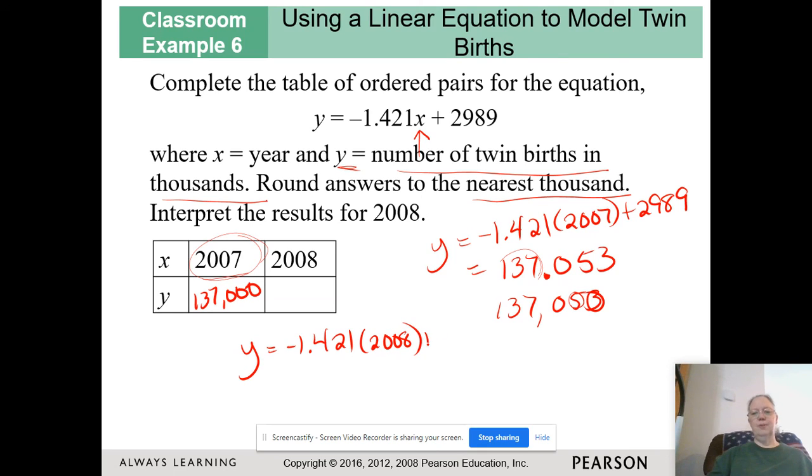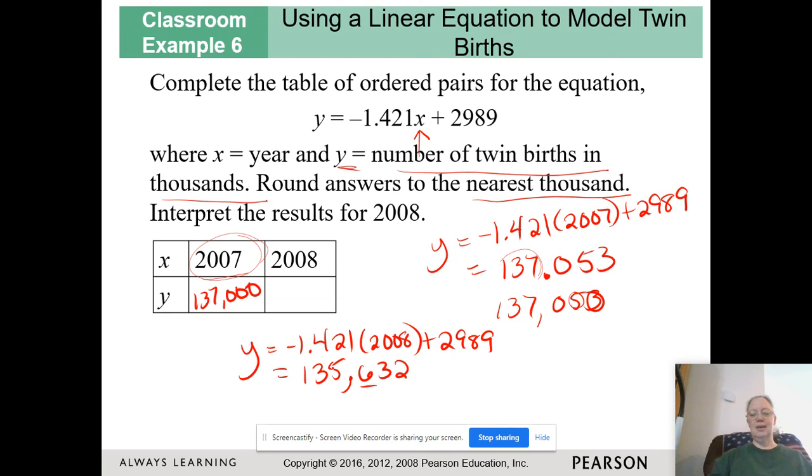Okay, do the same thing for 2008. 2008 plus 2989, 421 times 89. All right, this time we get 135.632. This is in thousands again. So here's my thousands and round to the nearest thousand.